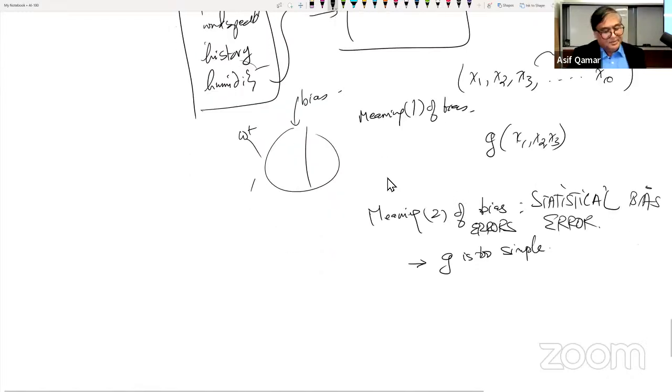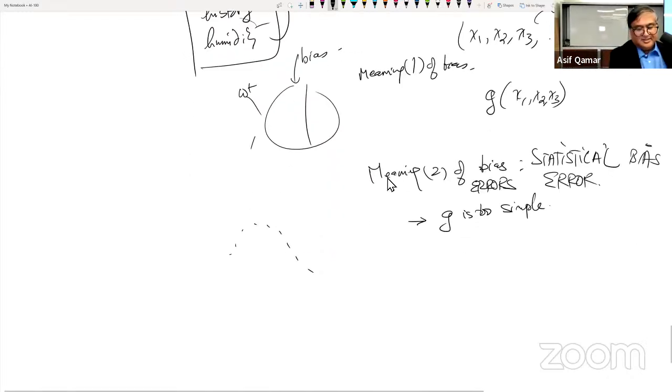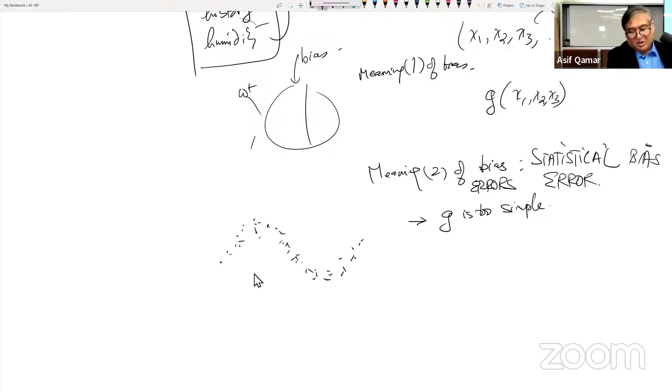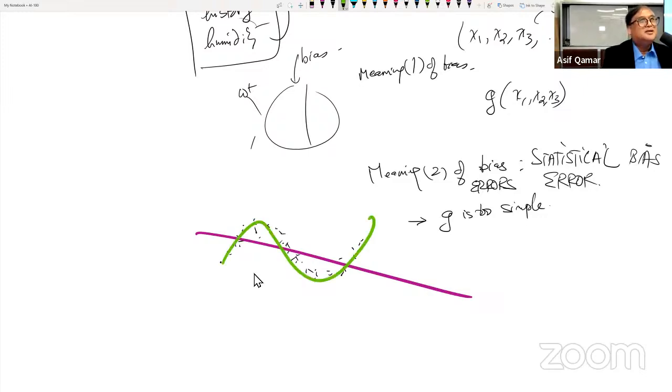An example is, suppose your data is like this, and you build a model that is like this. This purple model sort of works, but what is its main problem? It doesn't capture the complexity of the data or the underlying function. It would have been far better if it had made a model like this. So the purple one compared to the green one suffers from bias errors. That's the second meaning of the word bias.